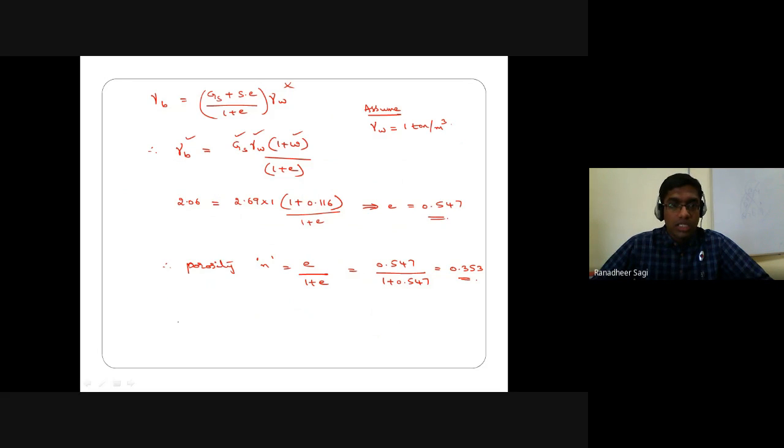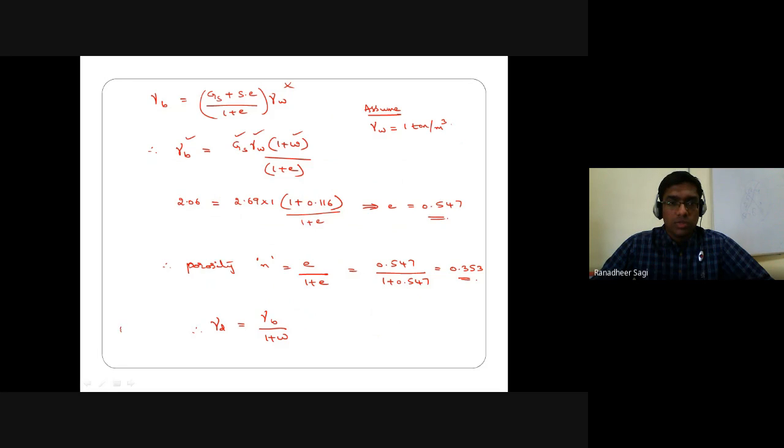Next is the dry unit weight. What expression can we make use of for calculating the dry unit weight? We know the bulk unit weight and the water content present in that soil. Dry unit weight, gamma d, is equal to gamma b by 1 plus w.